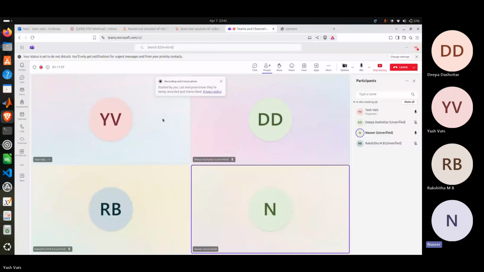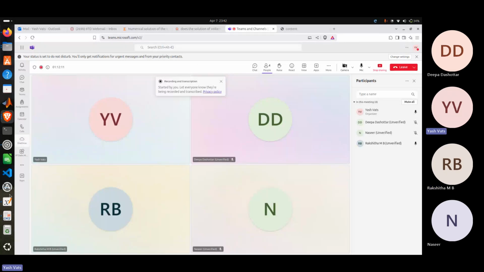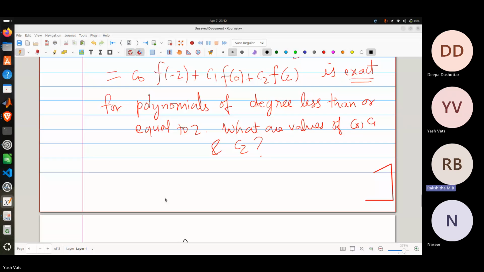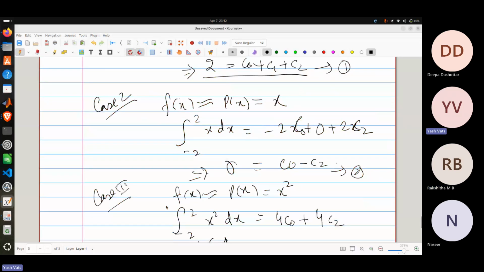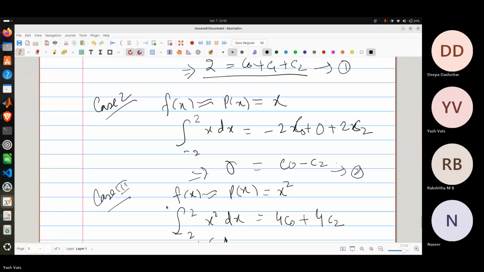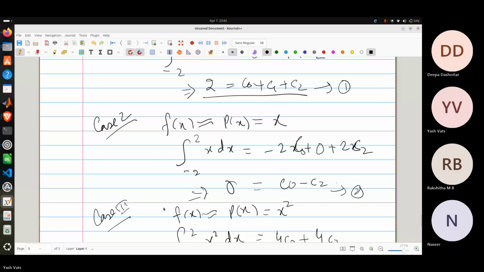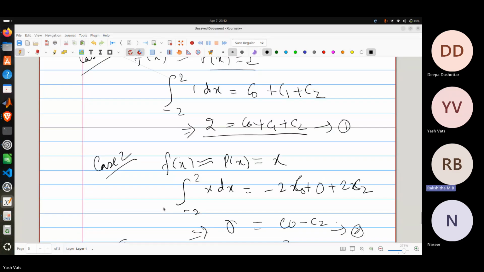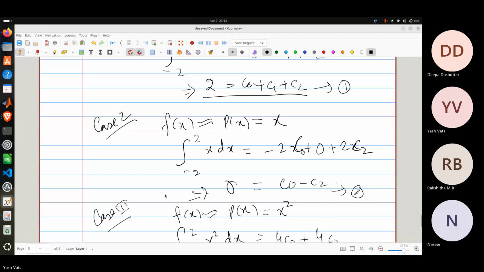Any doubts? Any questions? Sir, c1... Yes. The c0 and c2 values are 2 by 3. So c0 and c2 are 2 by 3. Is this correct? Yes. Okay. And what is c1? Even I got 8 by 3, sir. Okay. That's right.